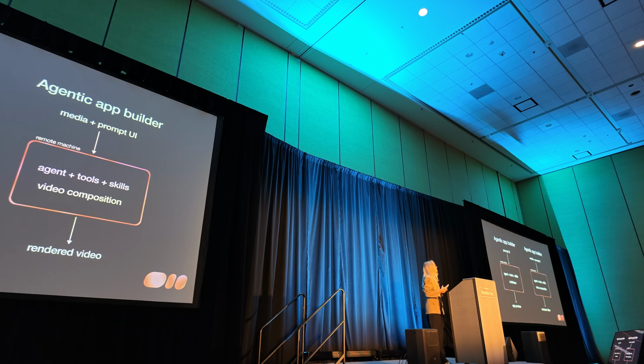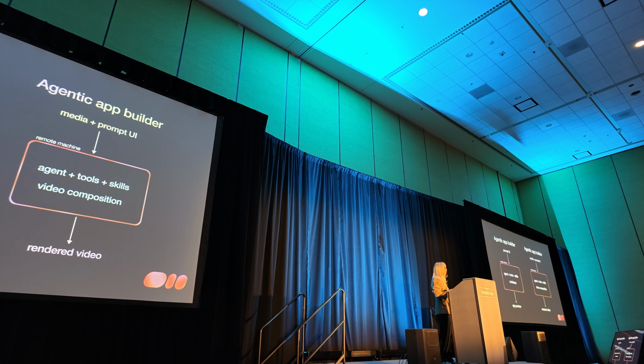And since we're at an AI engineering conference, I wanted to talk a little bit about infrastructure. From the infrastructure standpoint, an agentic video editor is very similar to an agentic app builder. Sorry, there is a typo on the slide, so the second column is the agentic video editor. Both of them have a prompt, a UI for the prompt, and in the video editor case, it's media plus prompt. And usually on the backend, what's happening?